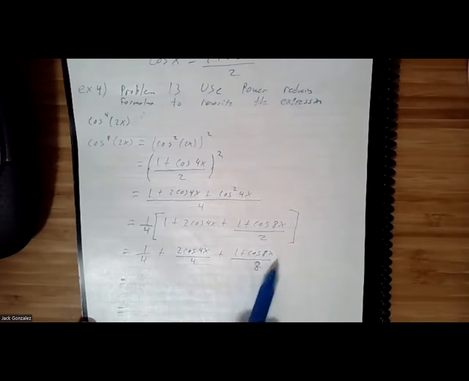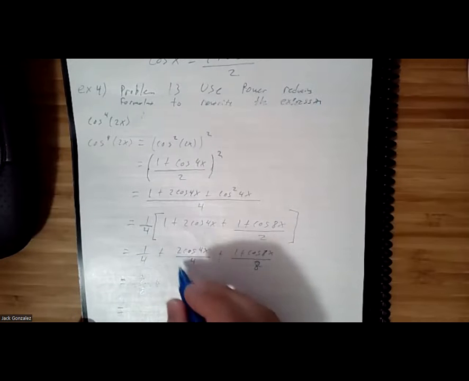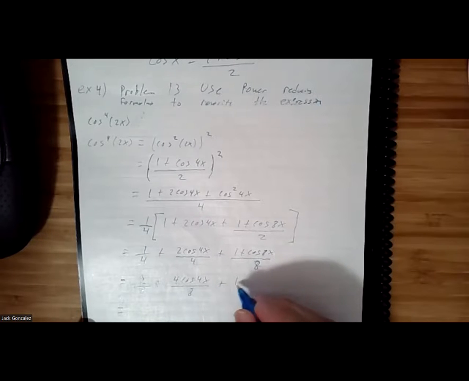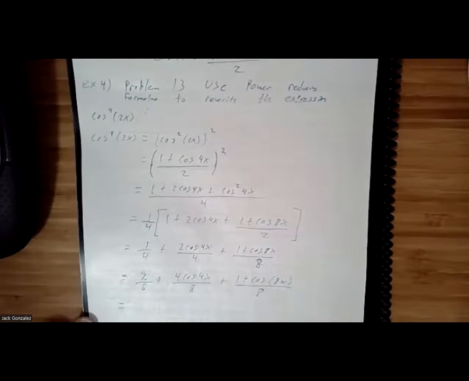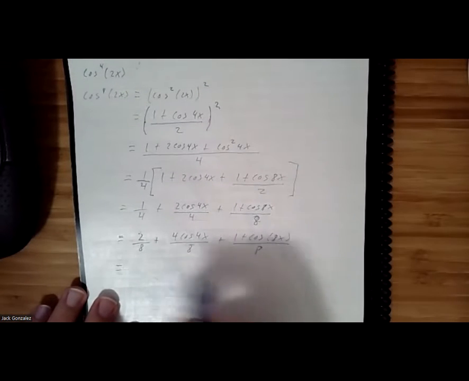This needs to be 8s in order to combine it with this guy. So 2/2 would give me 2 over 8, plus 2/2 would give me 4 cosine 4x over 8. And there we go. I skipped some of the fraction steps. If you want to see it, let me know. If I lost you there, let me know. Once they're all 8s, just put them all together.